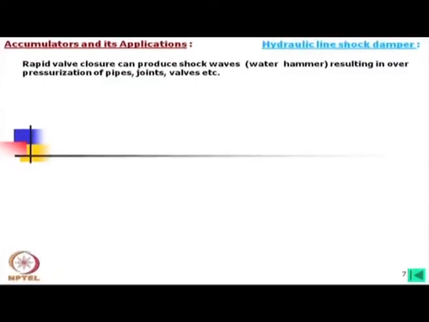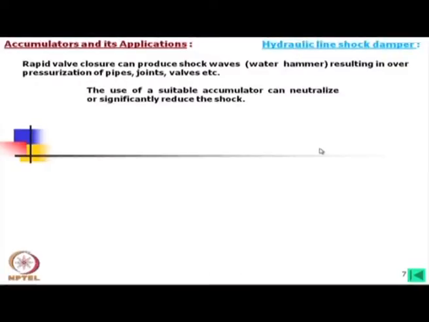That will generate a wave inside the oil, and that wave propagates very rapidly and oscillates, generating a dynamic condition inside the storage, and that may even cause the bursting of the system, pipelines, etc. Now, let us see what happens. The use of a suitable accumulator can neutralize or significantly reduce the shock.